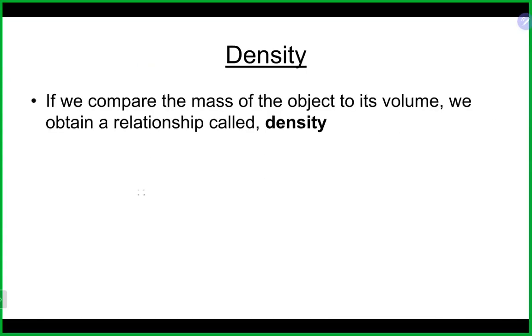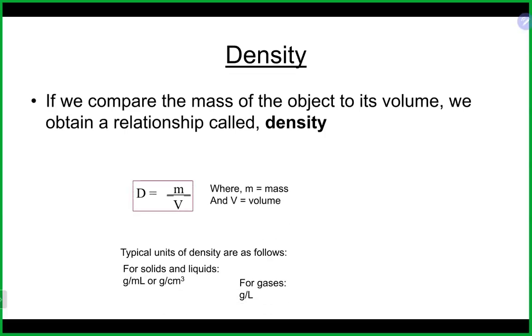Density has a formula, which is mass divided by volume, and it has certain units. Most of the time, the units of density are grams per milliliter or grams per cubic centimeter, which is typically what we use for solids and liquids.